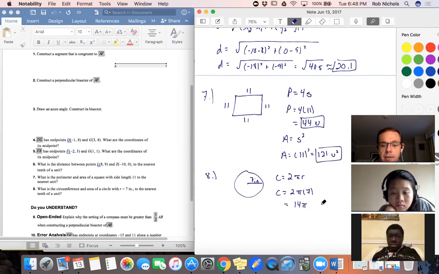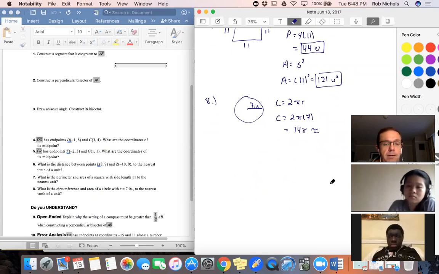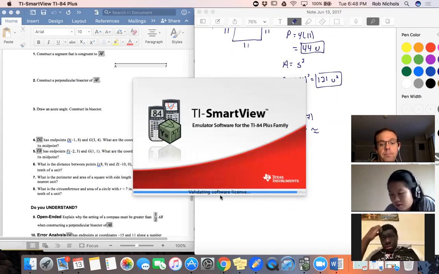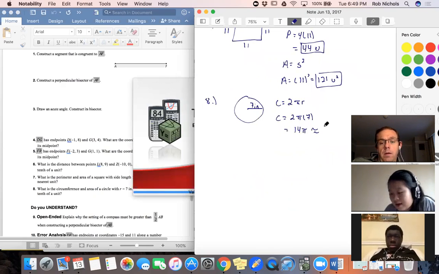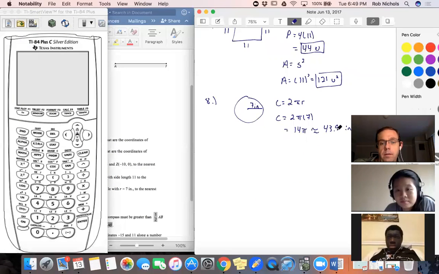Then we can use a calculator to get an approximation. I can just type 3.14. That gives 43.98, and we want inches. 43.96. Okay, good, that looks good.